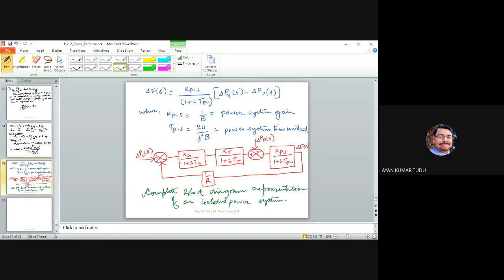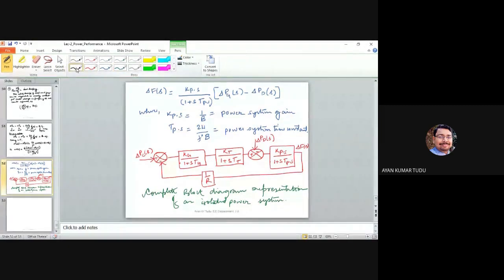Why have we stated that it is an isolated power system? If there is a change in frequency, that would be affecting the governor. If it had been connected to an infinite bus, then the change in the frequency would not have affected our governor.